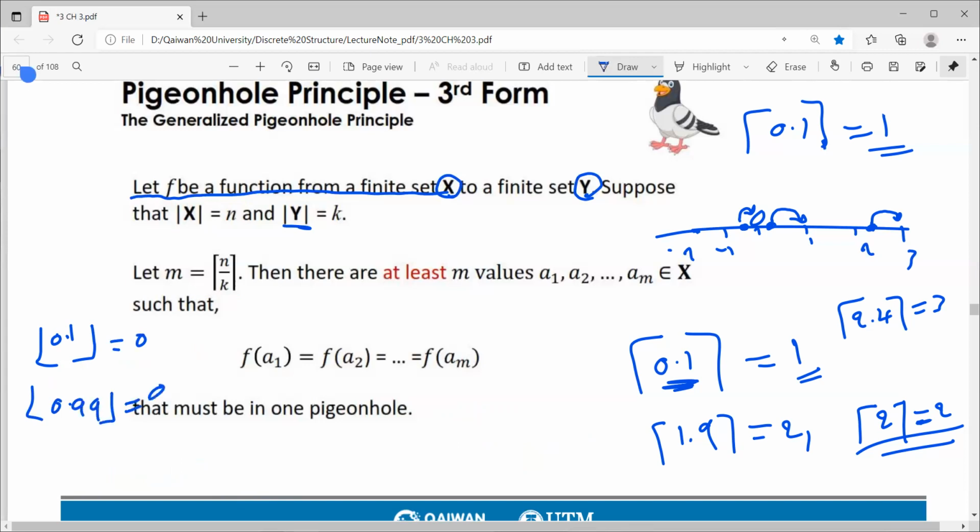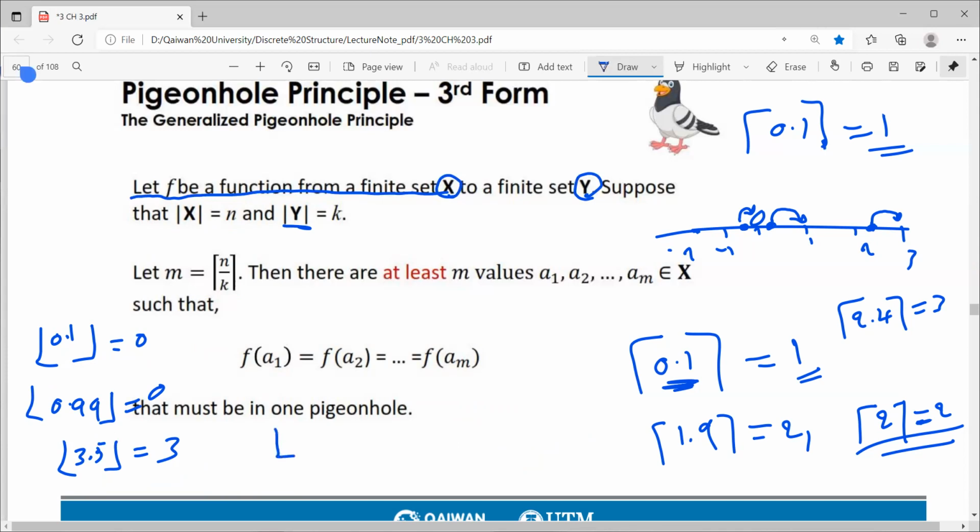It's still 0. And this one, let's say 3.5. It's 3. Okay. We just remove the fractional parts for this function. So this is the greatest integer function.